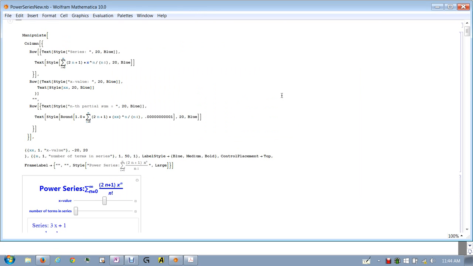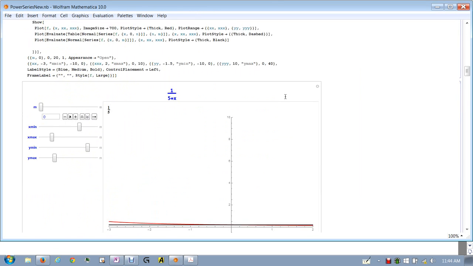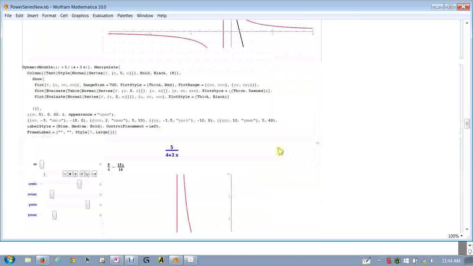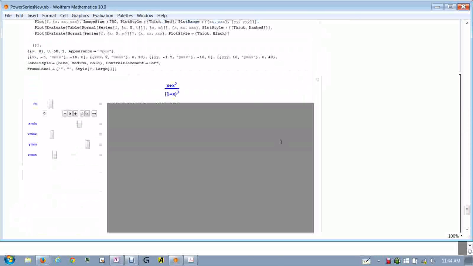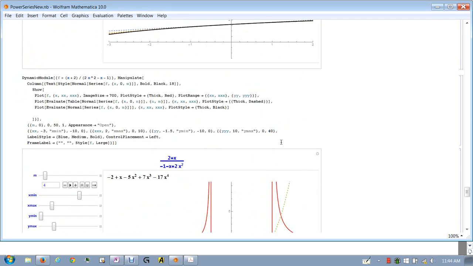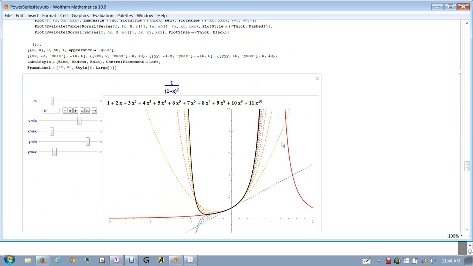Power series, here we go. Where is e to the x? Log. This one will work. I'm waiting for my computer to catch up because it's got to think for a second. Come on. It's not responding.